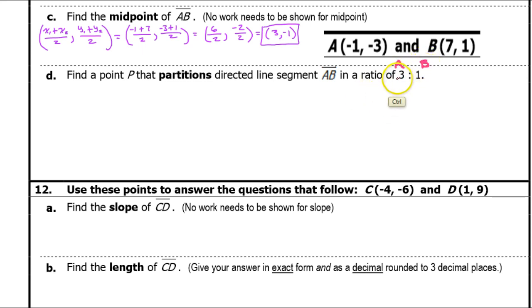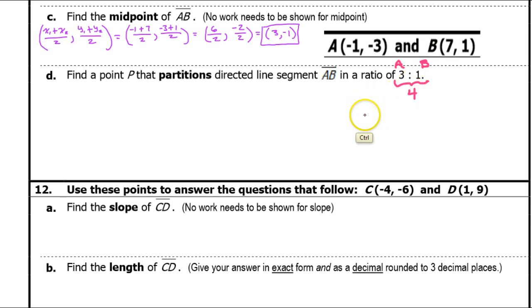So that means the larger part of the segment will be touching point A and the smaller part will be touching point B. Anyway, if for every 3 spaces we are from A, we are 1 space from B, what's the total number of spaces that I just mentioned? Well, that's a total of 4. That's important because as I move away from A, I'm going 3/4 of the way from A. As I move away from B, I'm going 1/4 of the way from B.